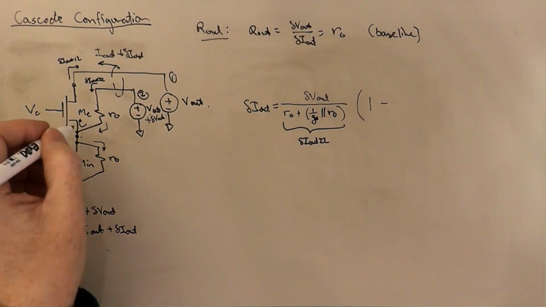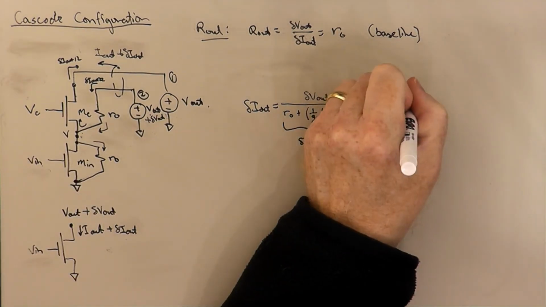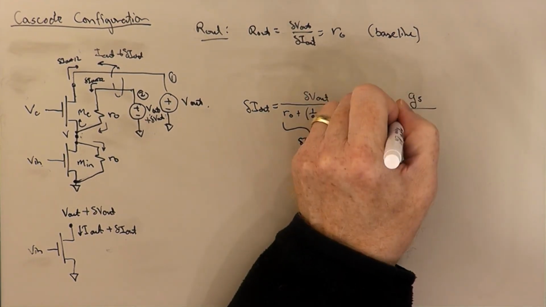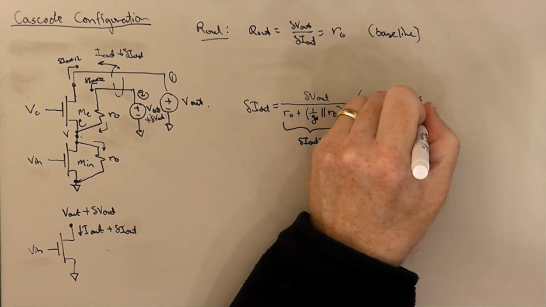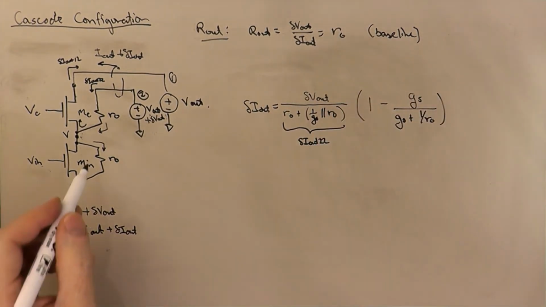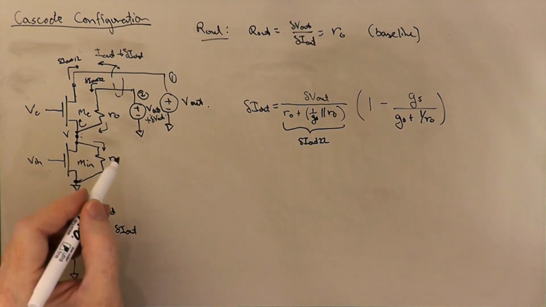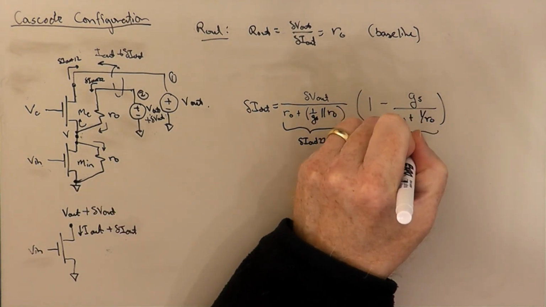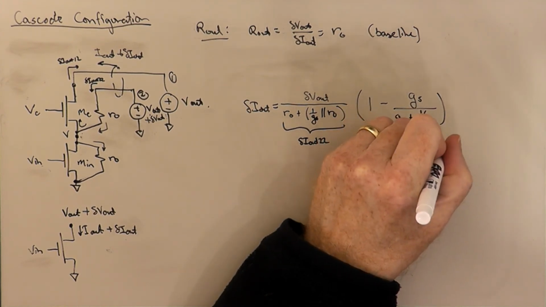And so the current divider ratio here we can express again as the conductance of the branch we care about, GS, divided by the sum of the 2 branch conductances, which is going to be GS plus 1 over RO, 1 over RO being the branch conductance of this branch down here. And so this is the current divider ratio delta I out 1, 2 divided by delta I out 2, 2.